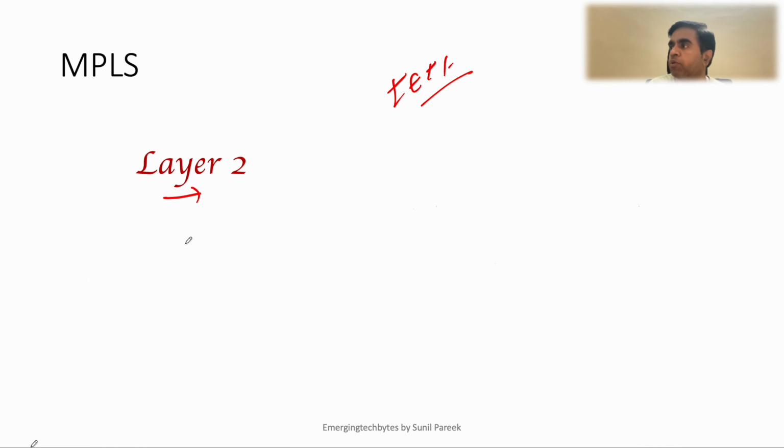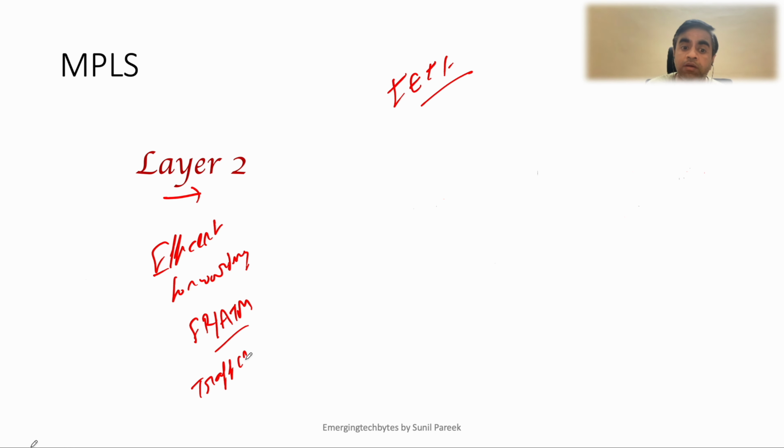Normally at layer 2, you see efficient forwarding. A switch basically does a lookup on the MAC and sends the packet, which is considered very fast. And at that time there were these Frame Relay and ATM based layer 2 forwarding solutions which even supported traffic engineering, which was, by the way, not that easy with IP based forwarding.